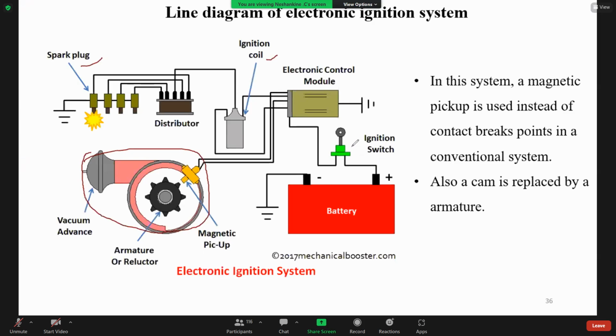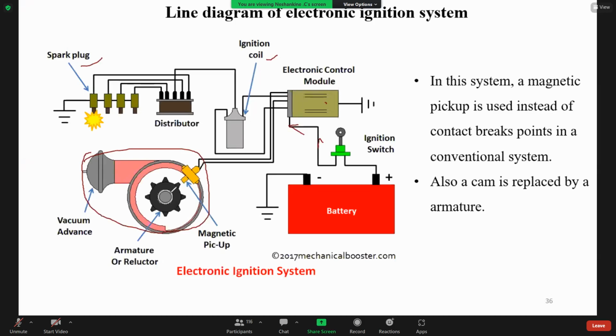First, if we switch on this ignition switch, current passes through this line and reaches this electronic module. Then that current passes this way and reaches this armature. Here we have the magnetic pickup, where we generate magnetic power or voltage. Due to this magnetic field, we can create the voltage signal.